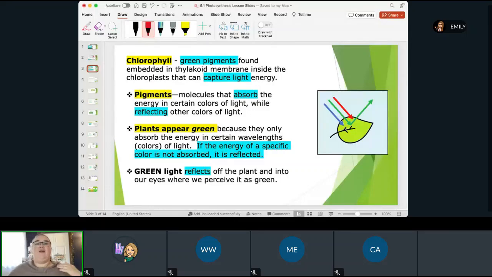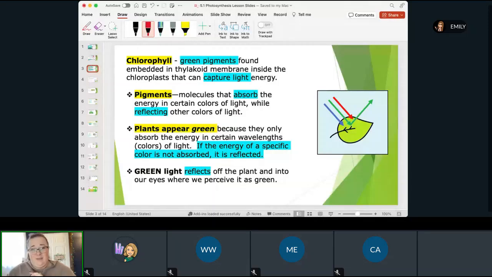Okay, now pigments are molecules that absorb the energy in certain colors of light while reflecting other colors of light. So some of you may know this, others that don't, it might blow your mind. So hold on to your chairs.